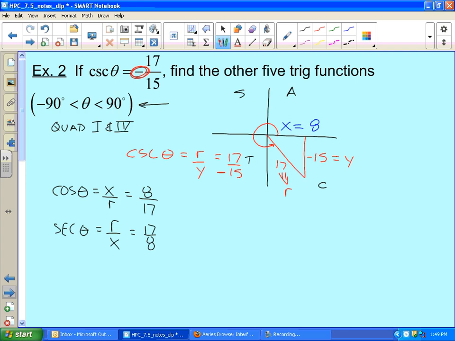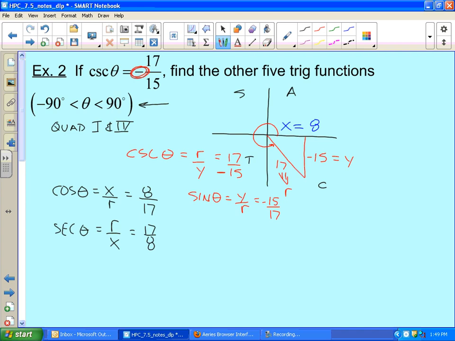And then we do the same thing with the other ones. We only need 4 more of them. So we have cosecant already. So let's do sine. Sine of theta is y over r, which we know is negative 15 over 17. And that we could have picked up from the given information. Cosecant, just flip it.